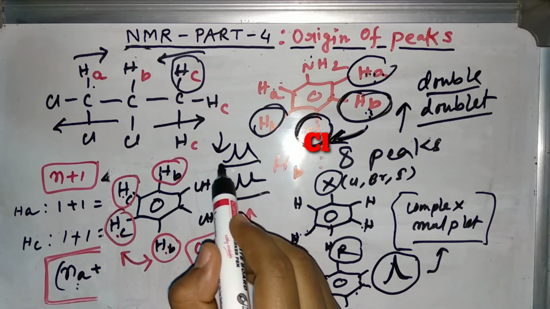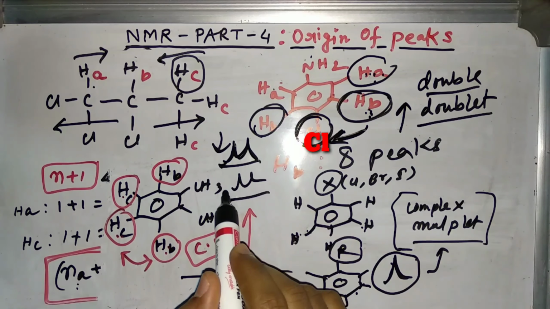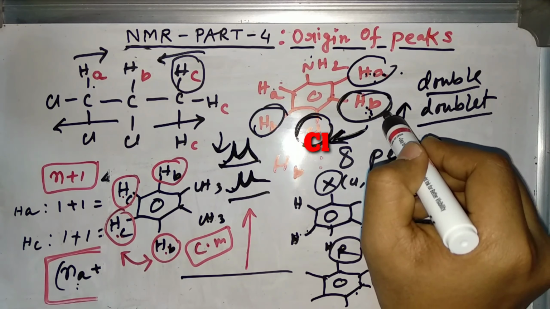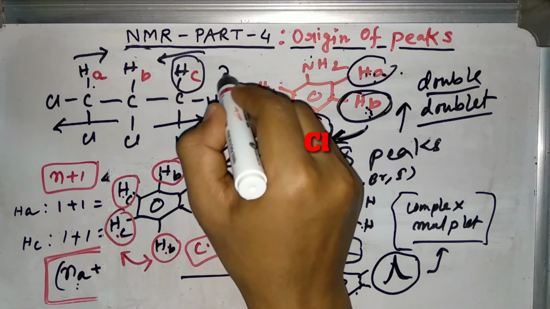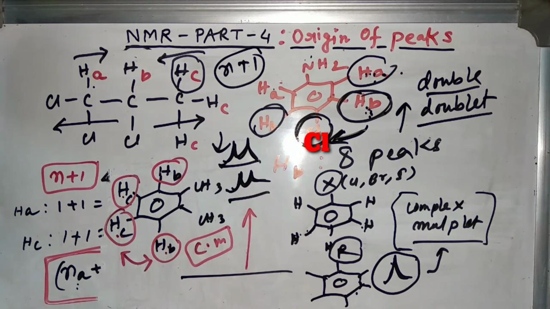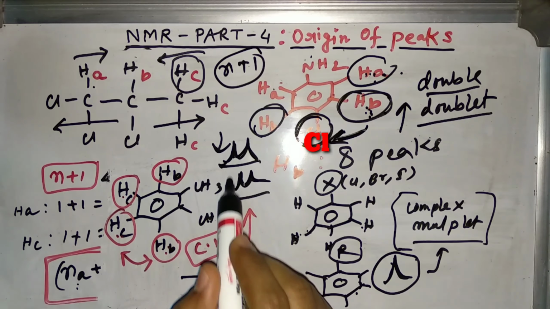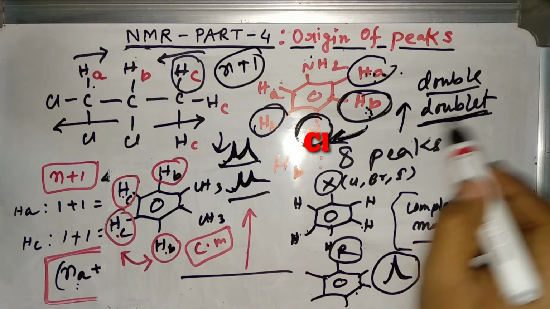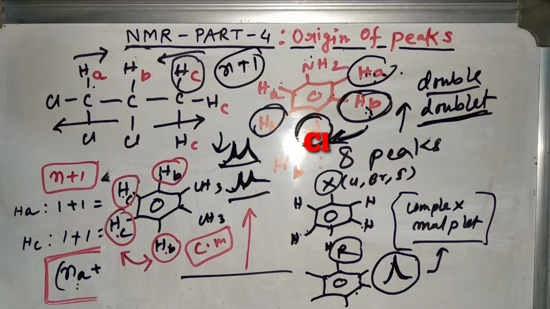So this will give two peaks for Ha and two peaks for Hb, because there is one hydrogen atom on each side. So you can easily apply the n+1 rule and get the number of peaks: one doublet, another doublet, so a double doublet. Hope you can understand all this.